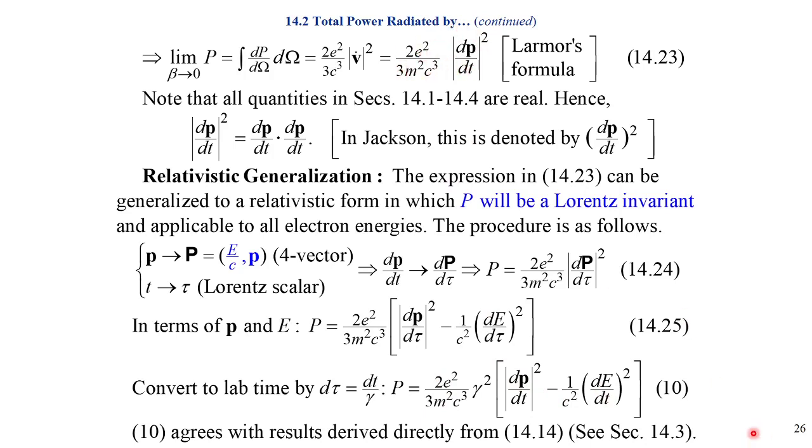Okay? So equation 10 agrees with the result derived from 14.14 in the next section. Okay, so we got this one. This one is a relativistic generalization of Larmor's formula.